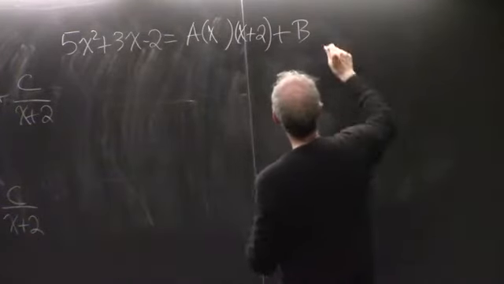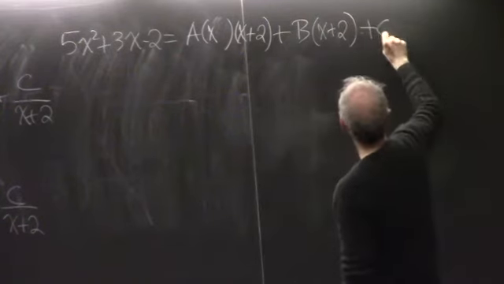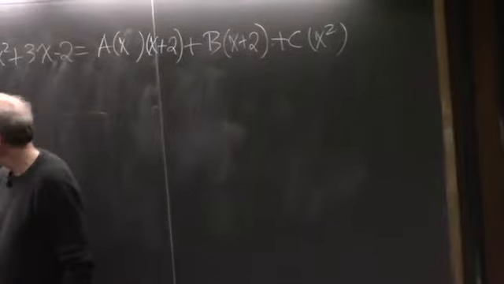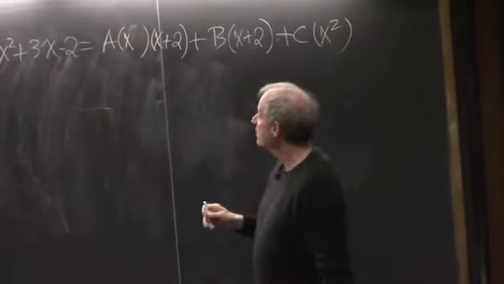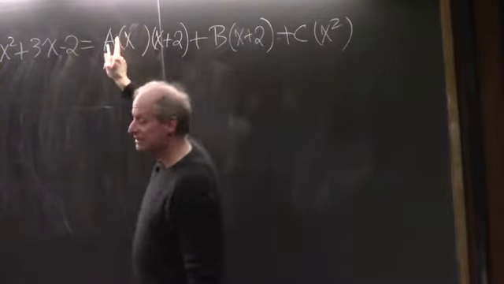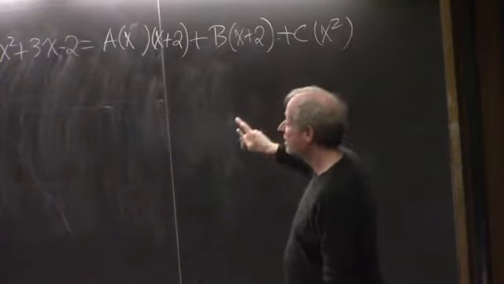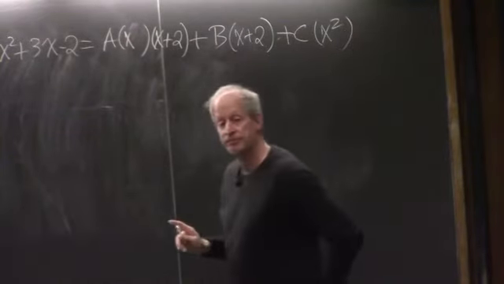B just gets multiplied by x plus 2, and c gets multiplied by x squared. That's what happens when you multiply through by x squared times x plus 2, and you clear the denominators. So the a gets multiplied by x, and x plus 2, b by x plus 2, and c by x squared, and then everything has the denominator of x squared and x plus 2.